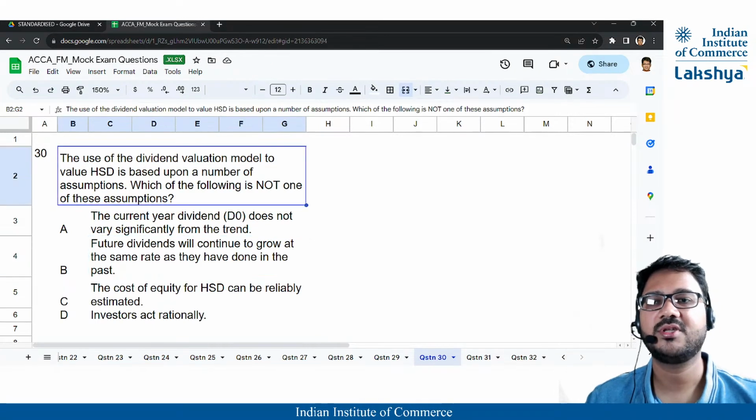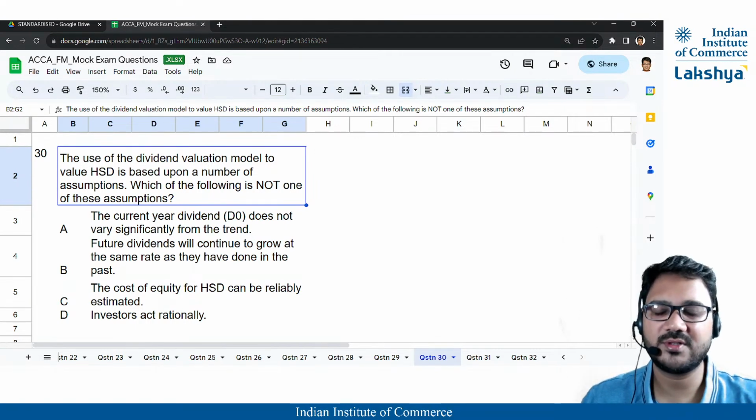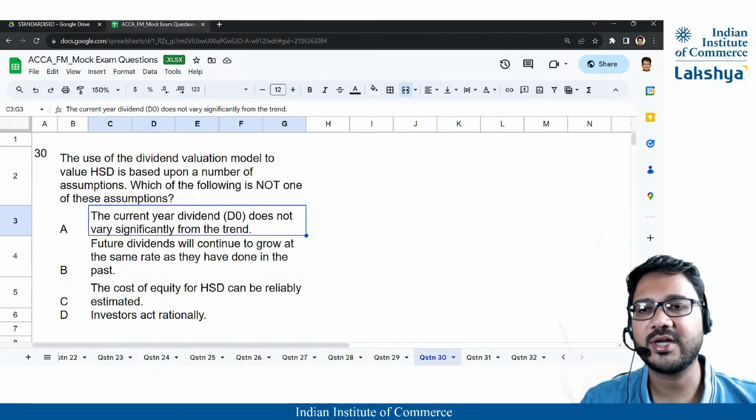Now, next question. The use of the dividend valuation model to value HSD is based upon a number of assumptions. Which of the following is not one of these assumptions? As we calculated, we used the assumption that the cost of equity will be the same. Now, which is not an assumption? The current year dividend does not vary significantly from the trend.